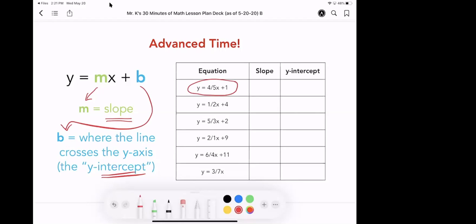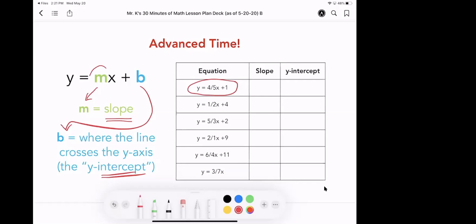Go ahead and type it in. Knowing our equation, what would the slope of this line be if it is y equals 4/5 x plus 1? Go ahead, type in what you believe our slope would be for a line that had that equation. Anybody have any ideas? I don't see anything in the chat window just yet.